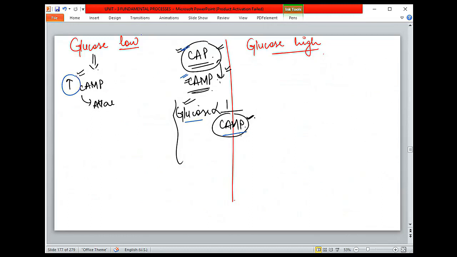When the glucose is low, a high concentration of cAMP would be there. cAMP would be attaching to CAP, and these two would be attaching to your promoter site and helping in higher transcription, or a higher level of efficiency for your entire operon, because glucose is less and lactose is more. In this scenario, cAMP would be more, and it would be attaching to CAP.